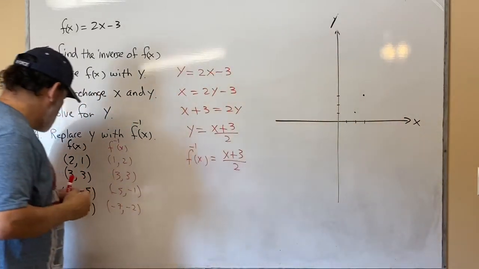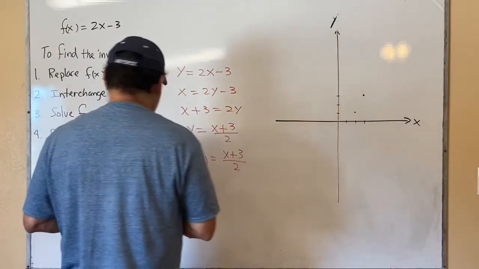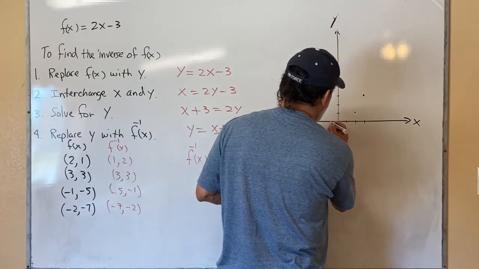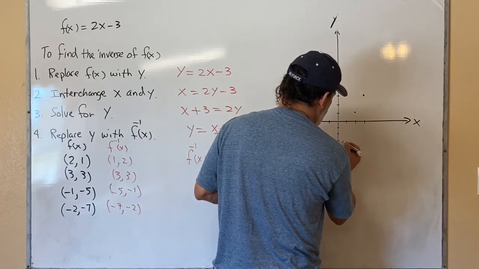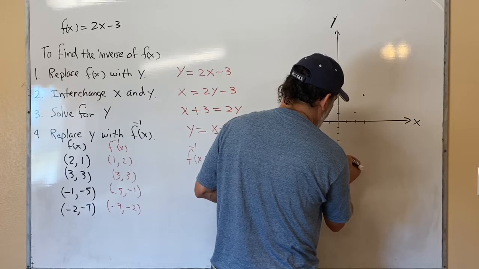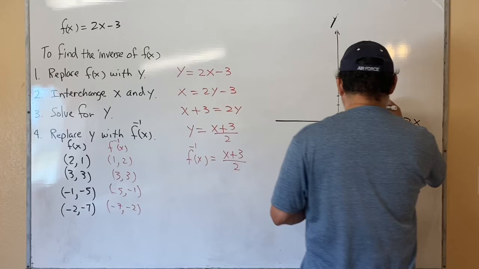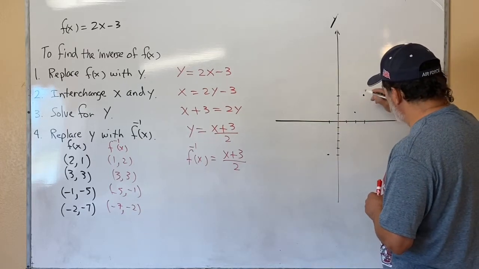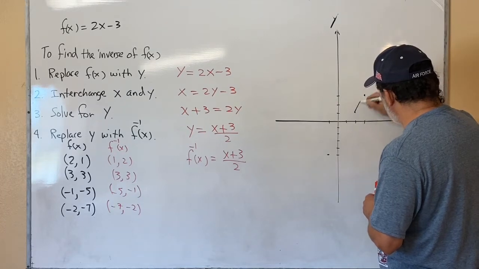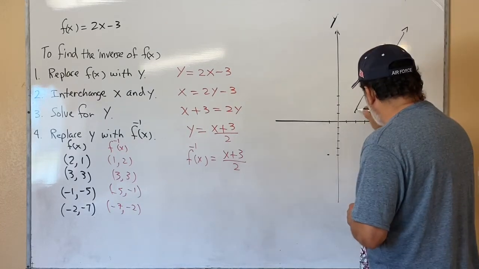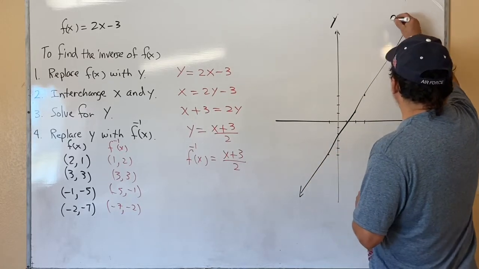You see -1, -5? -1, -2, -3, -4, -5, right around there. Okay, so we're getting this. It's not perfect. This is the graph of f of x.